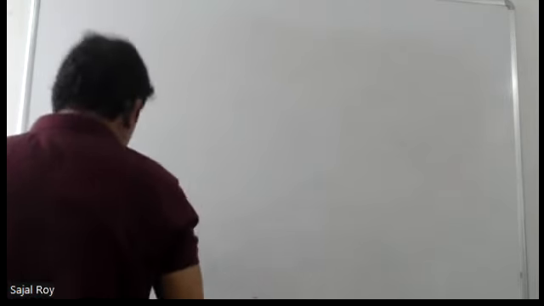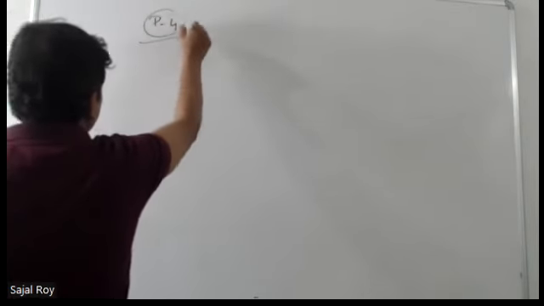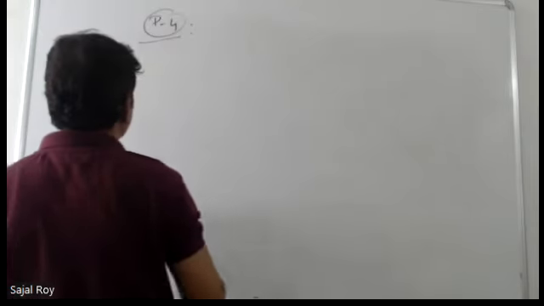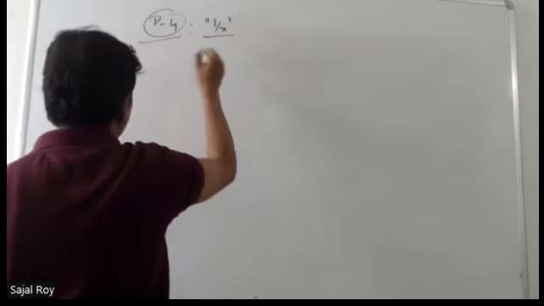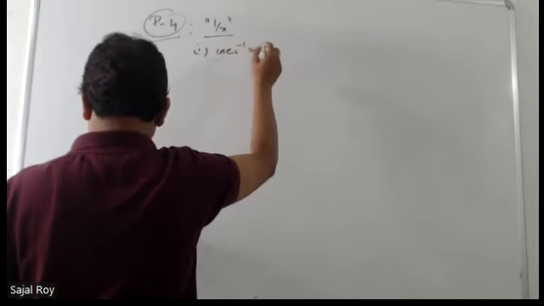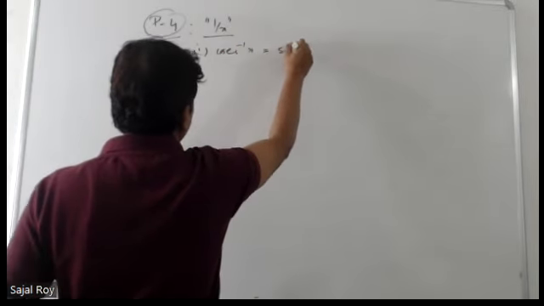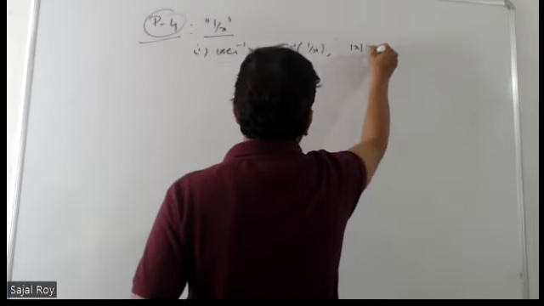Now more properties. I will write the properties very quickly. You have a lot of properties, because inverse trigonometry is basically the properties, and these properties are reciprocal. So you have cosec inverse x equal to sin inverse 1 by x, mod x greater than or equal to 1.